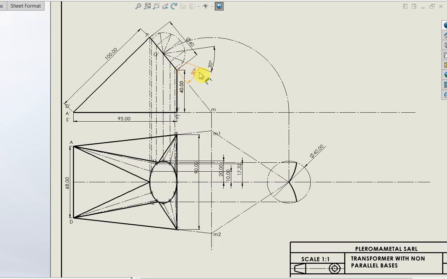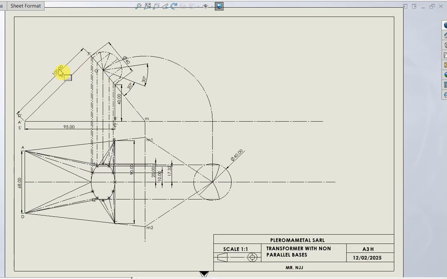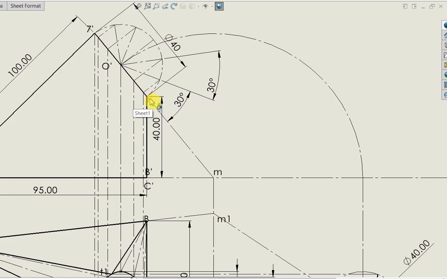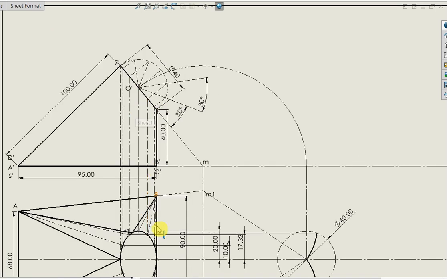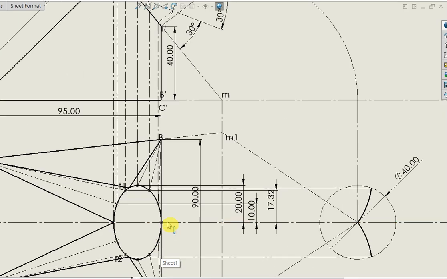Since here we have point 1 prime to 7 prime, therefore down I'm going to have point 1, 2, 3, 4, 5, 6 and so on. This point here will be 7, so number this point. This first point here is point 1.